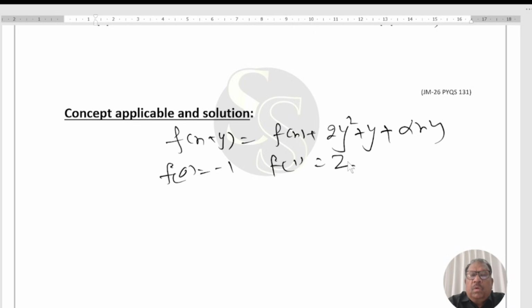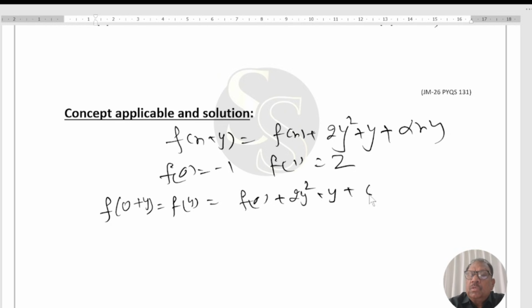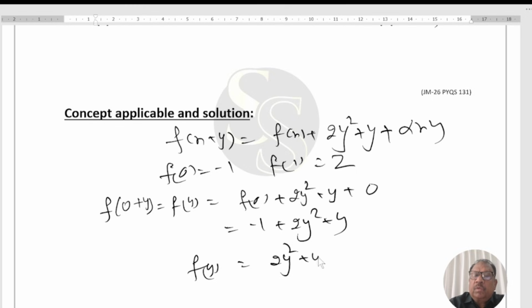Now to find f(x), put x equal to 0. f(0 plus y), f(y) equals f(0) plus 2y square plus y plus 0. f(0) is minus 1, so f(y) equals 2y square plus y minus 1.